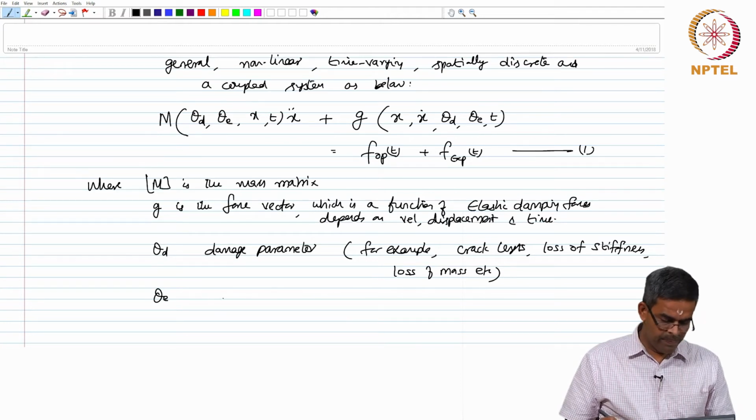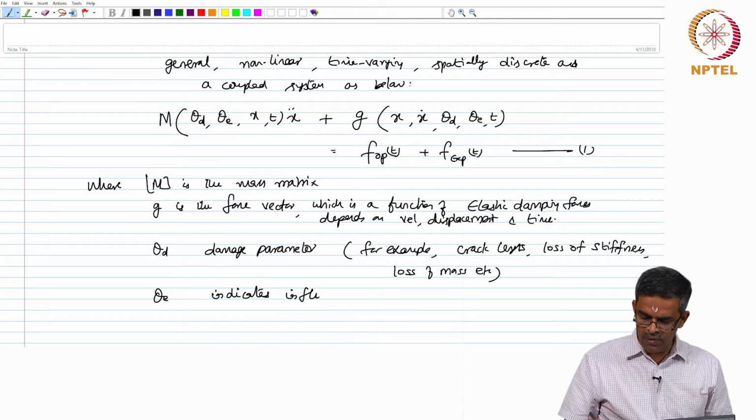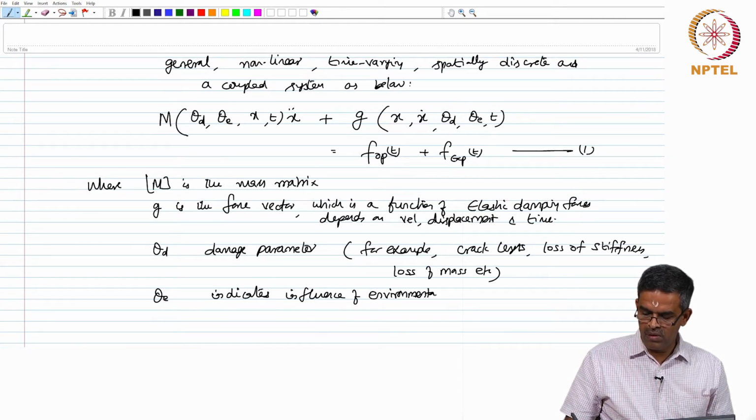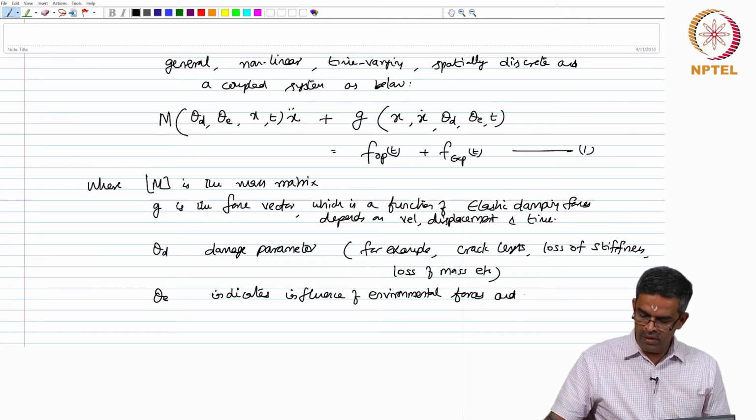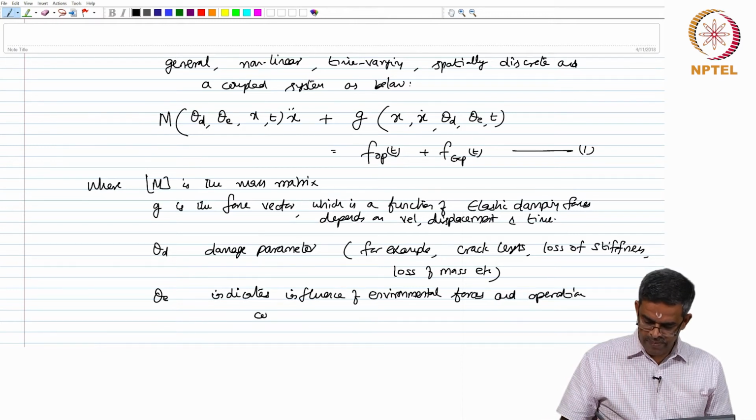Theta e indicates influence of environmental forces and operational conditions on the structure's health.